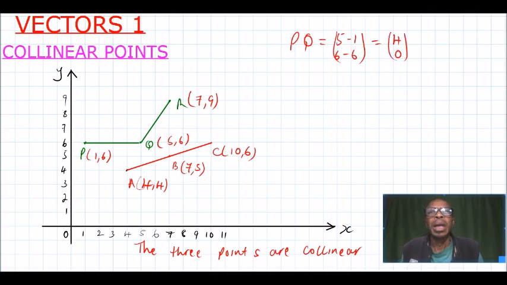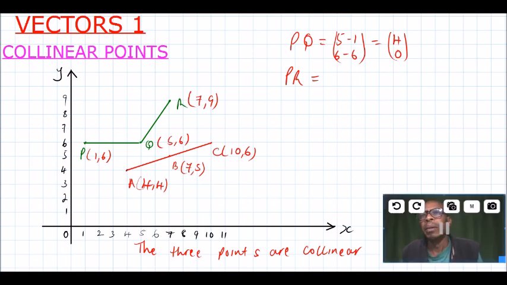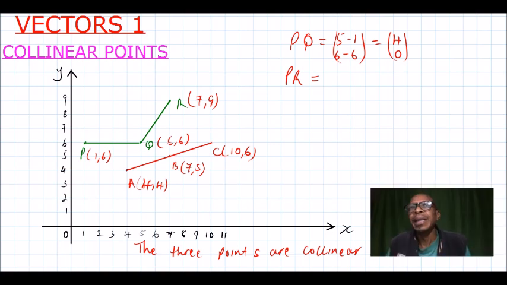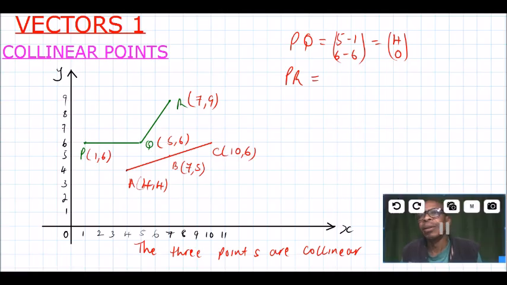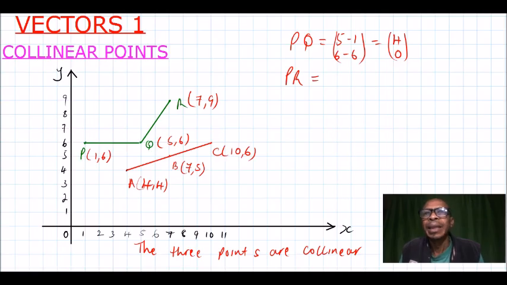Let's get PR. PR is equal to, we get the coordinates of R, and we say it is 7 minus 1, and we get 9 minus 6.